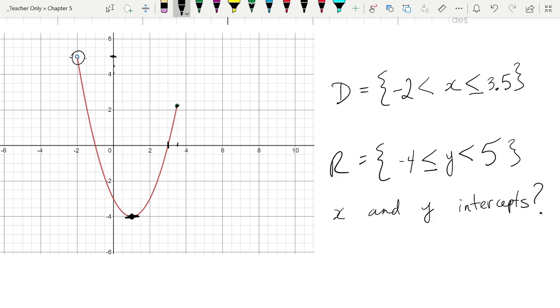You don't have an equation to look from, so you're just going to have to read them off the graph. I'll give you a hint. It has 2 x-intercepts, but it only has 1 y-intercept. Okay? Who wants to tell me? What's the x-intercepts? What do you think? I agree. -1 and 3.